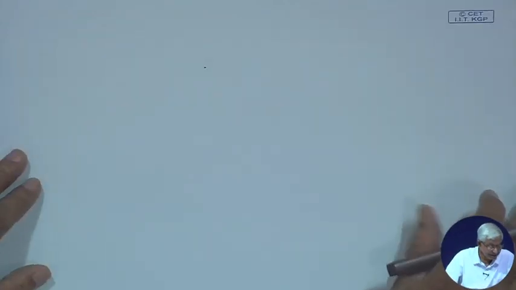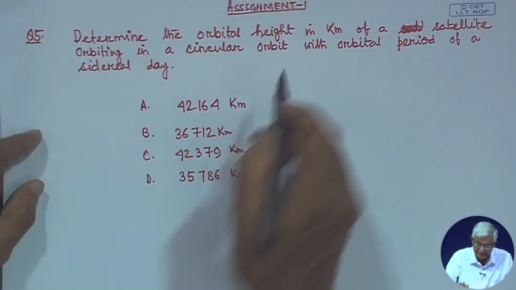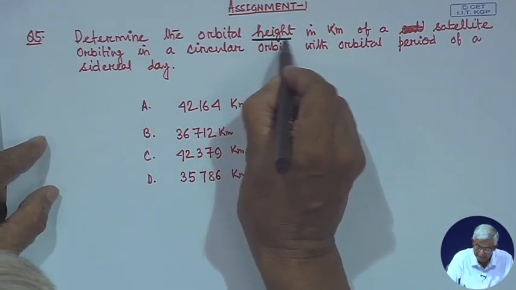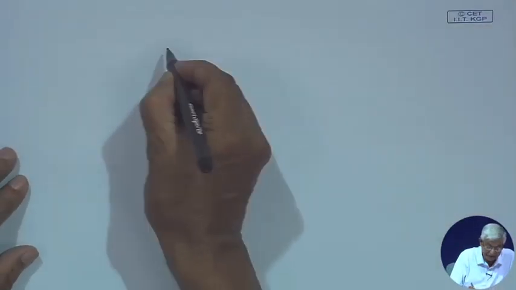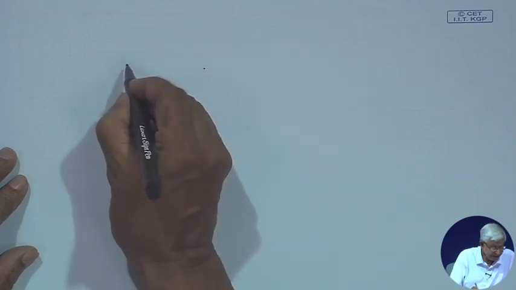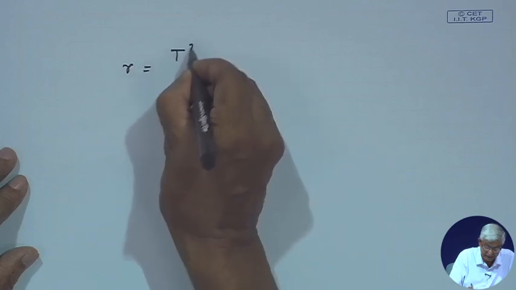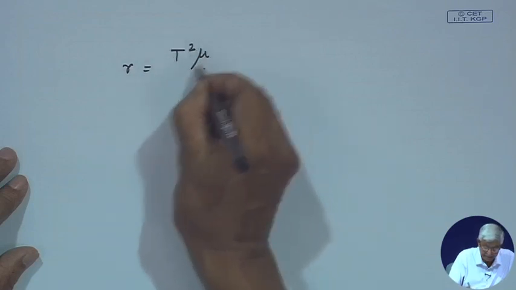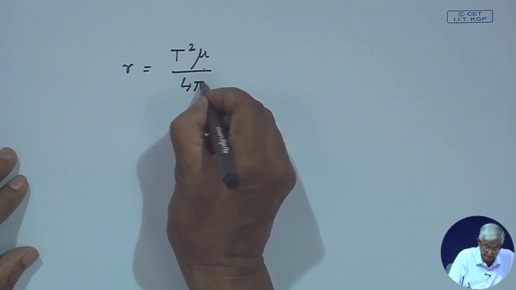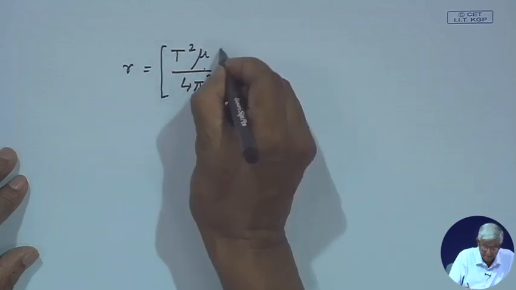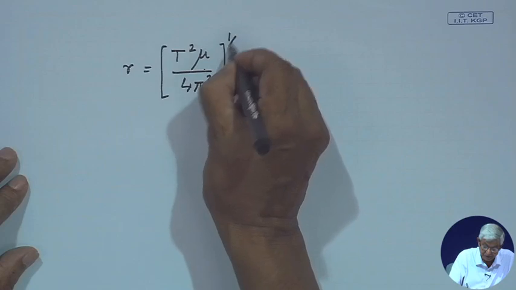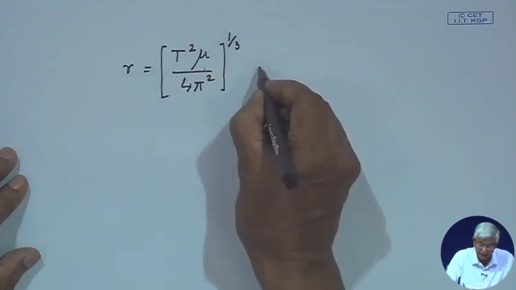I think you have already done this calculation, but there is a catch here. It says height. Now, we know that in a circular orbit r cube equals the time period of the orbit square times mu by 4 pi square, so r is that to the power 1/3.